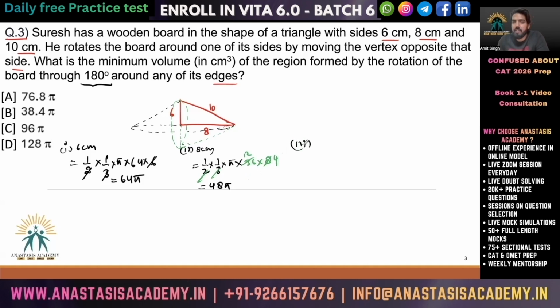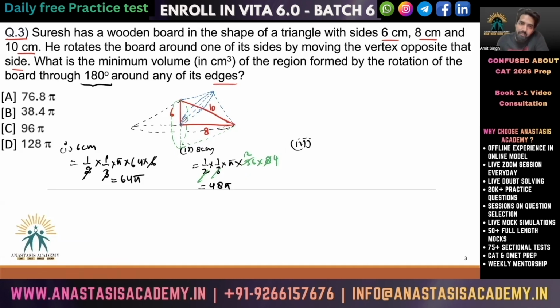Now for the final case, when I rotate it around this edge, which is the hypotenuse, the required figure would be this, right? It would be two cones, which are joined along this diameter.